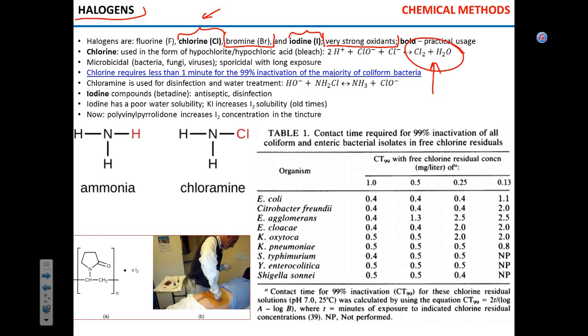And this solution of chlorine in water produces acid, hypochlorite anion, and some chloride anions. Now, when you go and buy chlorine bleach, you essentially buy an acidified solution of hypochlorite.